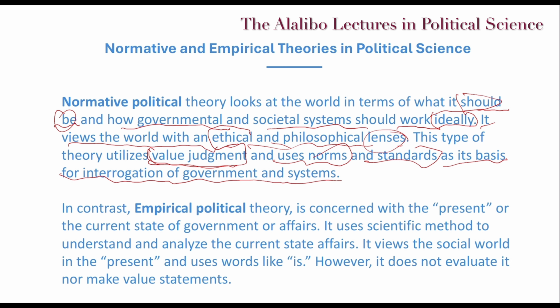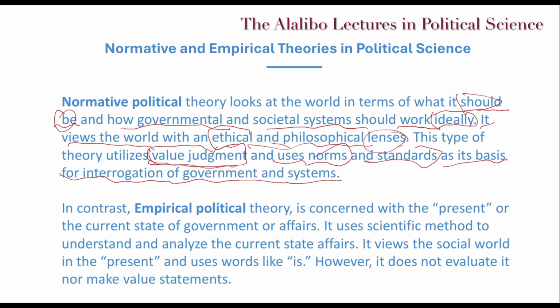So what are norms? Norms are things that we do in society. We talked about norms in chapter 5. Norms are things that we do in society that we take for granted. For example, you walk on the streets, you don't scream at the first person you see, right? Most likely you will say good morning, good afternoon, good evening to that person, because that's the expectation. That is normal. In the political sense, you have a right to vote as a citizen. That's normal. That's expected. You finish high school and you go to university.